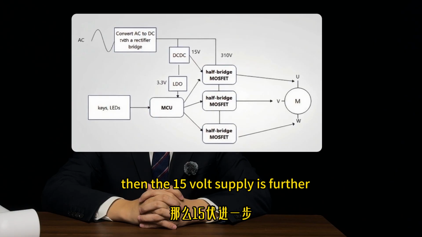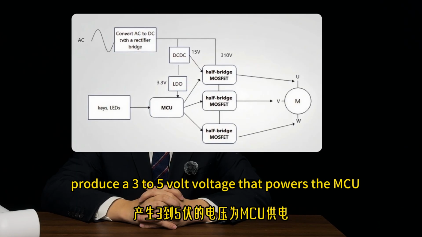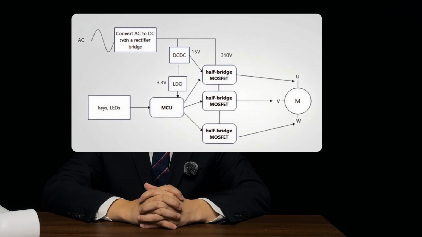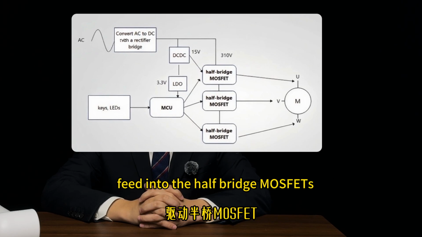Then the 15-volt supply is further regulated by an LDO to produce a 3 to 5 volt voltage that powers the MCU. On another path, the high-voltage DC is fed into the half-bridge MOSFETs.